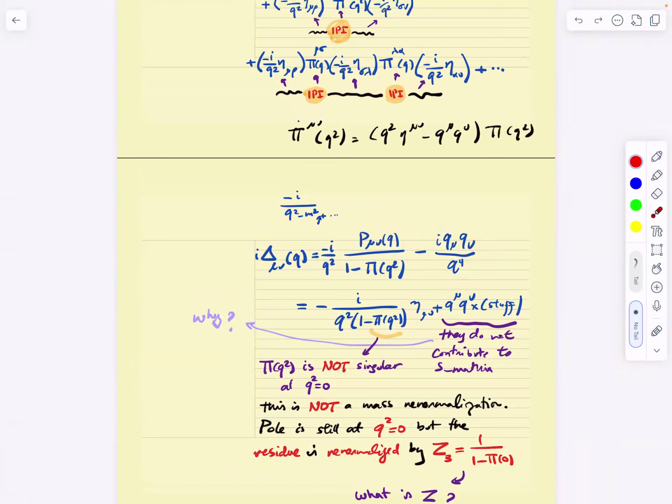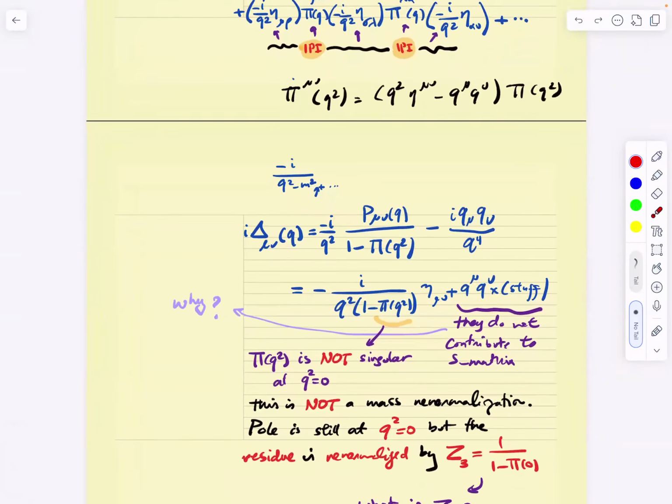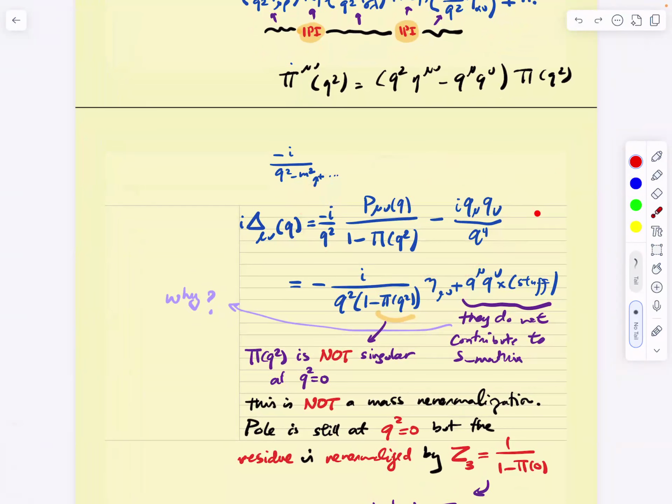minus this expression. Can you see this? Can you work this out in your head? What is happening? Let me do it on the board. At least hint at what's going on. So the full propagator became 1 minus 1 pi, right? This is the amputated one.